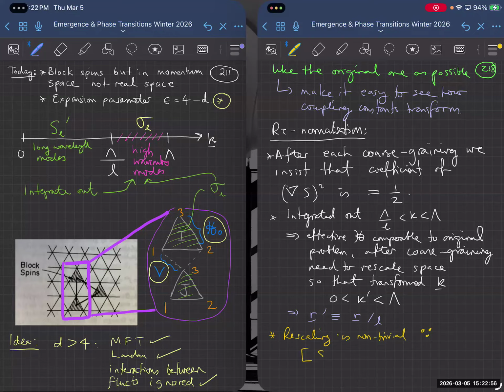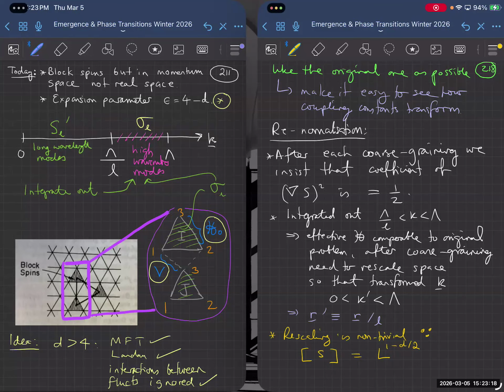But remember that when we worked out last time the dimensions of the order parameter field, we saw that it had dimensions of L to the power 1 minus d over 2. And so when we rescale space to get our k space to be between naught and lambda, just like the original problem was, the order parameter field is also going to transform.